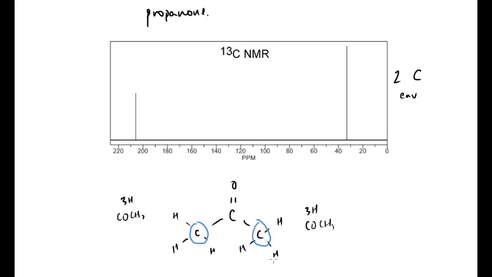3 hydrogens, COCH3, COCH3. They both have exactly the same bound to them, which leaves us this little guy in the middle here, which obviously must be a separate one, because this one here has oxygen, and then it has 2 methyls. So a completely different environment.